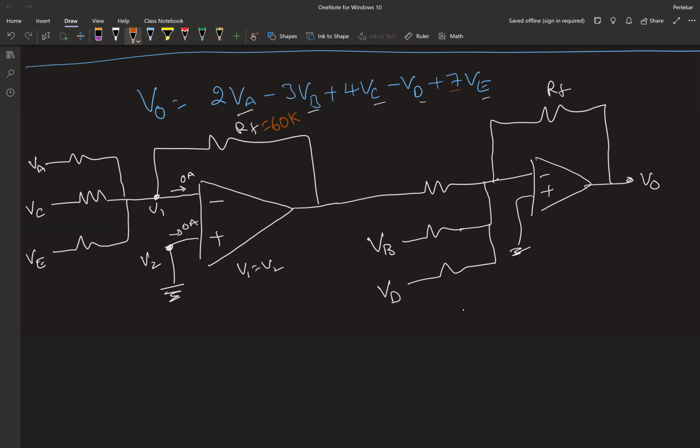Now, to get the output here, let me take this as Vx.